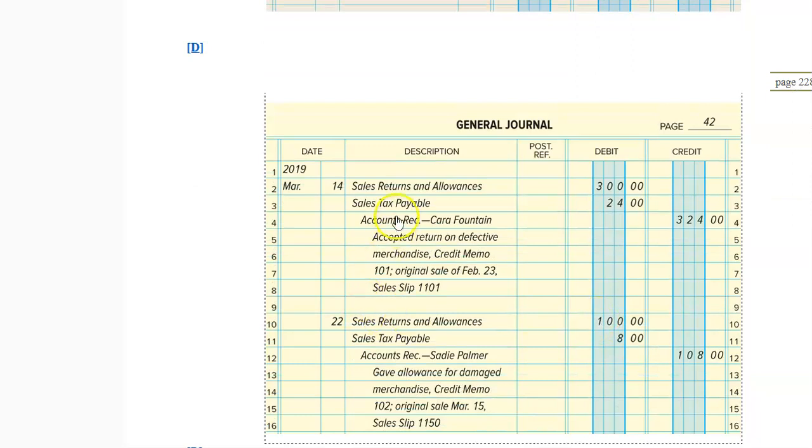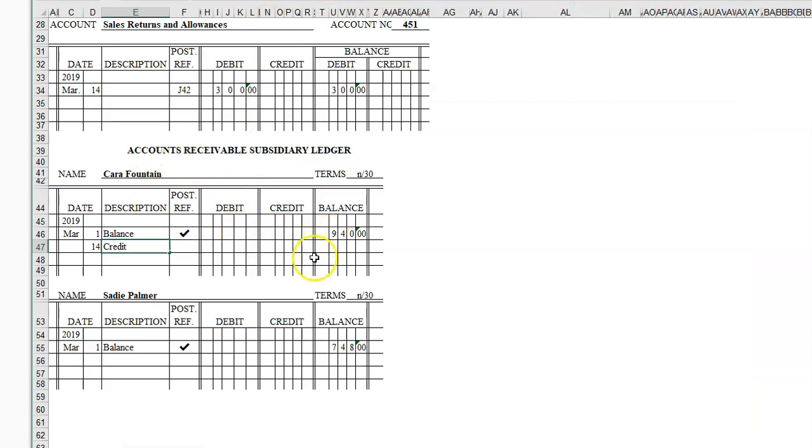So they wanted you to look at the journal, and we're actually going to put these in the ledger. So her credit is $324, credit memo 101. And then you have to do a new balance, which should be $616.